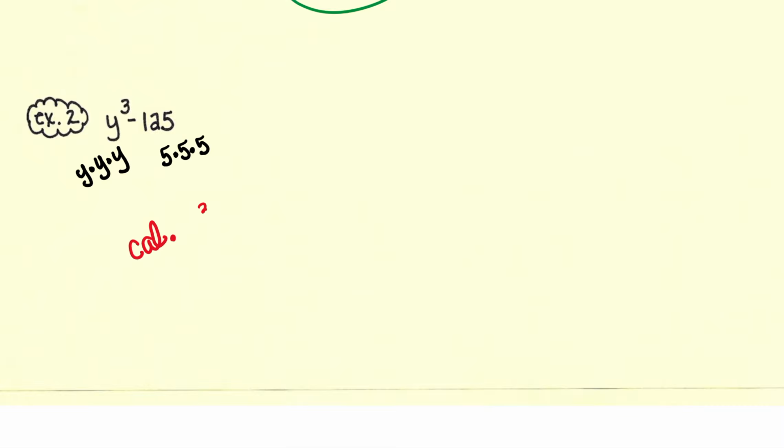Or you can also use your cube root button. Some calculators will look like that. On the 84s, use your Math 4 option, and it'll say cube root. Just put your 125 in there, and it'll give you the 5. All right, so it fits our pattern.